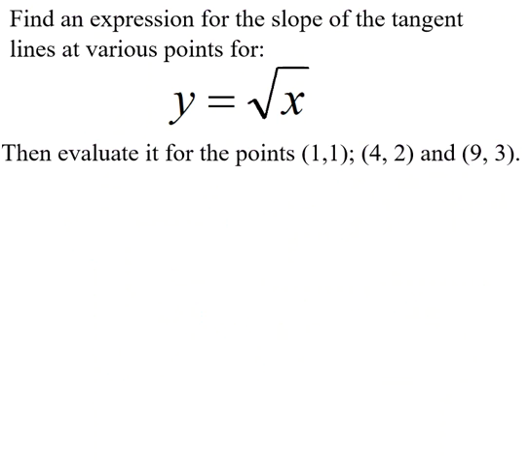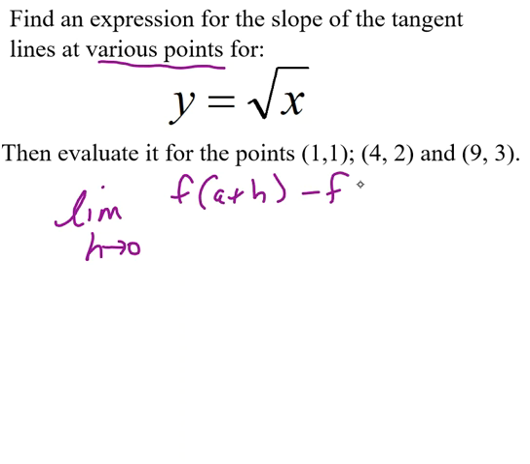Find an expression for the slope of the tangent lines at various points for y equals the square root of x. Now this is a little different because I want it for various points. So I want something that's going to give me an expression at the end and not just a single value. So I'm still going to use the difference quotient because that's what's new here. And we're using the limit as h approaches 0 of f of a plus h minus f of a all over h.